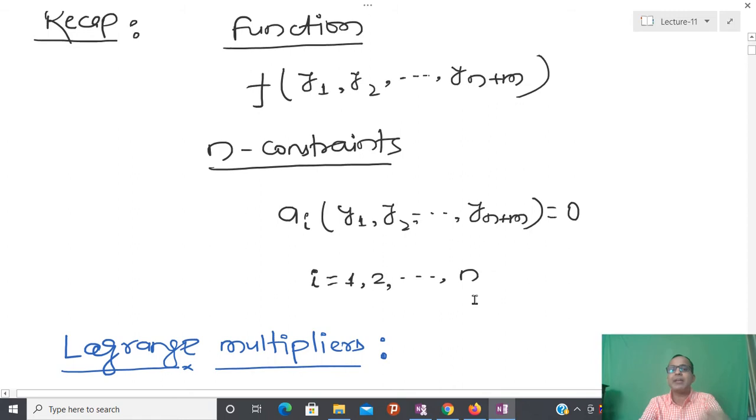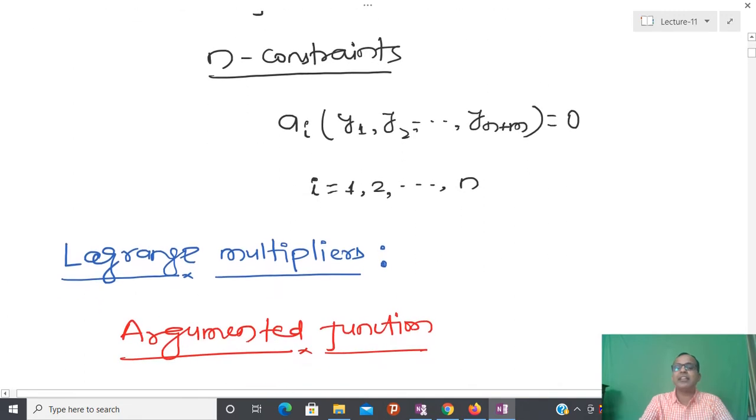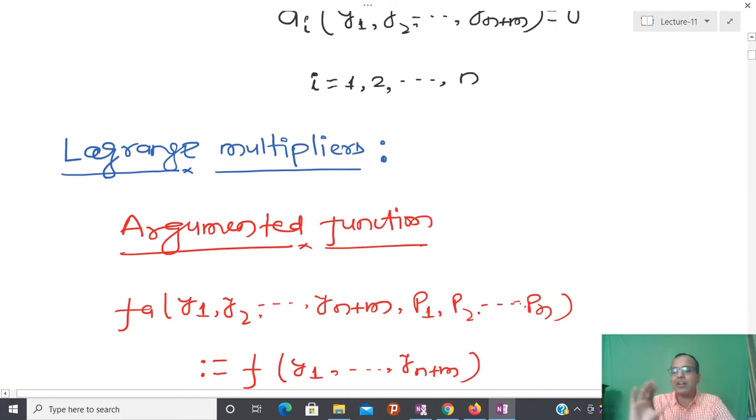So I have n plus m variables, and out of that n constraints, and due to that I have just m independent variables. And we found that I can either use the direct method, also called the method of elimination, or the second way, Lagrange multipliers. We found that Lagrange multipliers are more helpful for solving this kind of optimization problem, and due to that reason, in today's lecture I am also going to recall that part of the result.